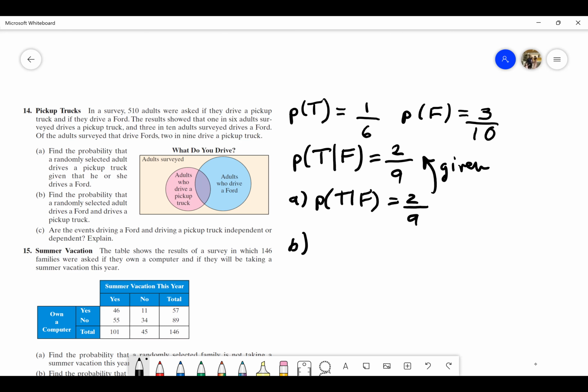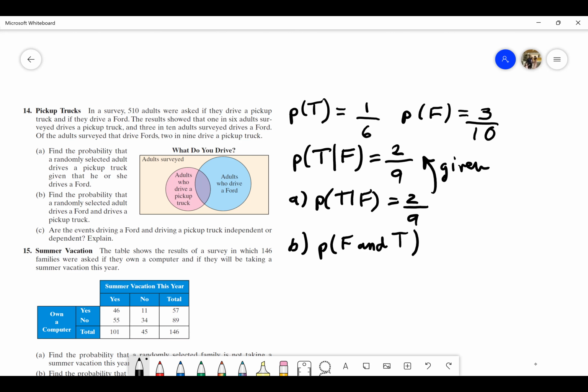And again, you read it. Find the probability that a randomly selected adult drives a Ford and drives a pickup truck. The probability of Ford and truck. So what is that? Well, we got to go back to our multiplication rule here.